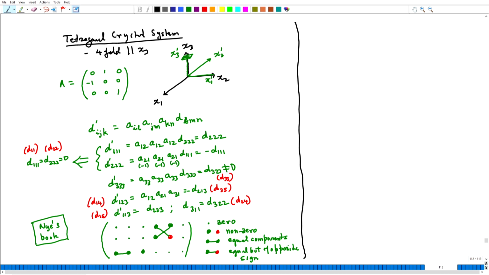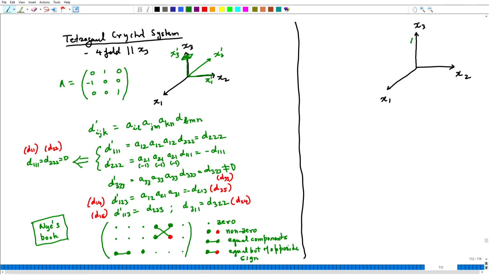Now, suppose in addition to this fourfold, I now add a mirror, a vertical mirror. Go back to the point group discussion in the earlier lecture to understand what I mean by a vertical mirror. Well, a vertical mirror is simply one that will contain the four-fold axis.